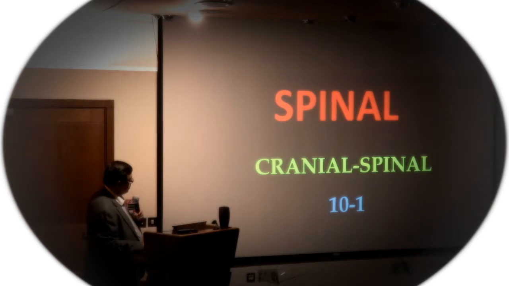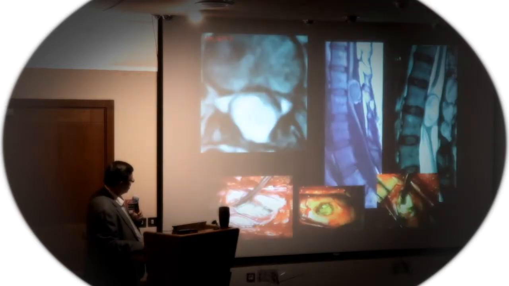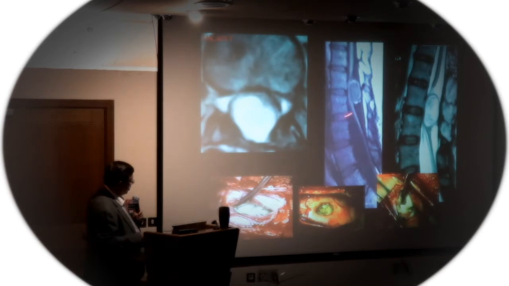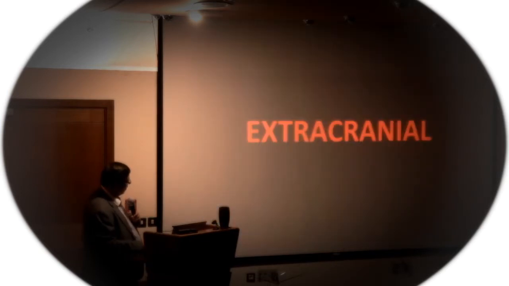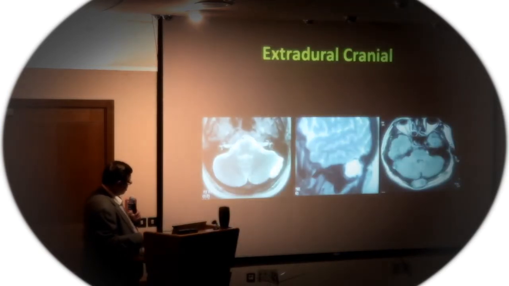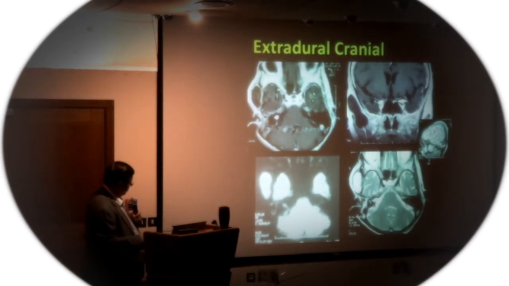So spinal is much rarer than the cranial, it's 10 to 1, cranial to spinal, and this is one of the spinal cases. This is one of my cases, and another one. This was a lipoma and epidermoid, which is a common association. Extracranial like this, it's extradural.